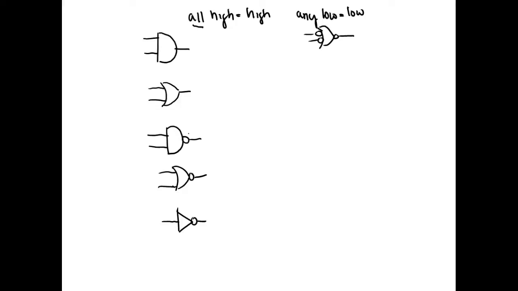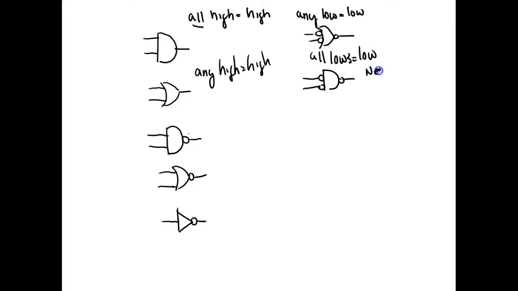You understand? So what do we say here? Any high equals a high. So what am I going to say over here? All lows equal a low. So the symbol, all lows equals a low.